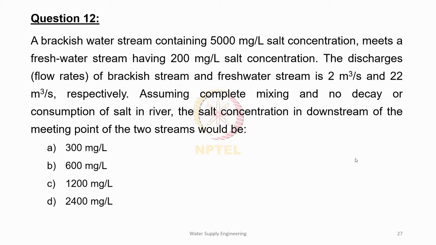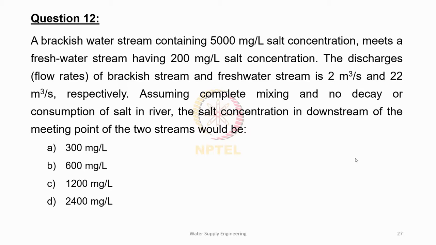That's a simple problem. A brackish water stream containing 5000 milligram per liter salt concentration meets a freshwater stream having 200 milligram per liter salt concentration.